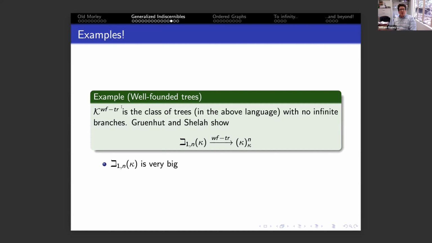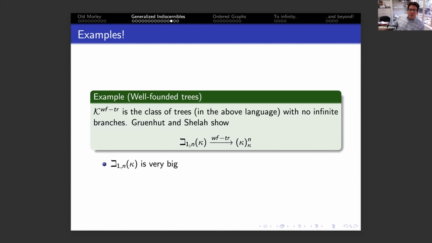I like to mention this one because here, this left-hand side is very, very big. It's this beth sub 1 comma n. Like I said, this Hanf number, this map kappa to beth sub 2 to the kappa plus, we do that all the time in infinitary model theory.